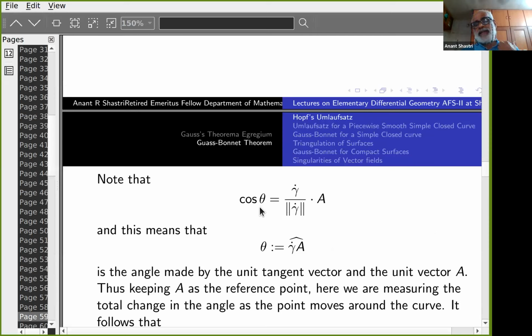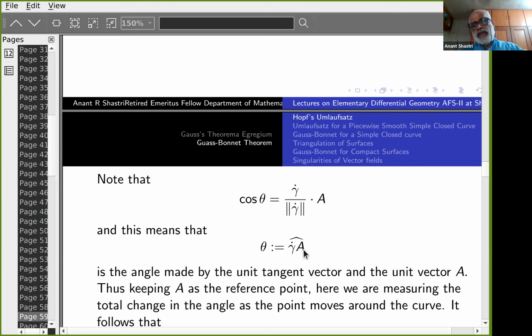So what is it exactly? This is a general thing. If you have two vectors inside R2, and one of them is a unit vector A, then the dot product of this vector with that is nothing but cos theta, where the angle is theta. This angle I am denoting by this hat here. This is the notation used in your book also. The hat of gamma dot and A just denotes the angle of gamma dot, which is some vector, measured from A. It's another direction.